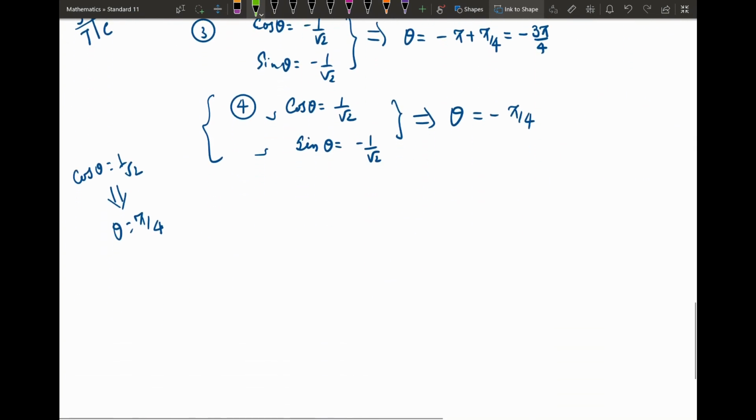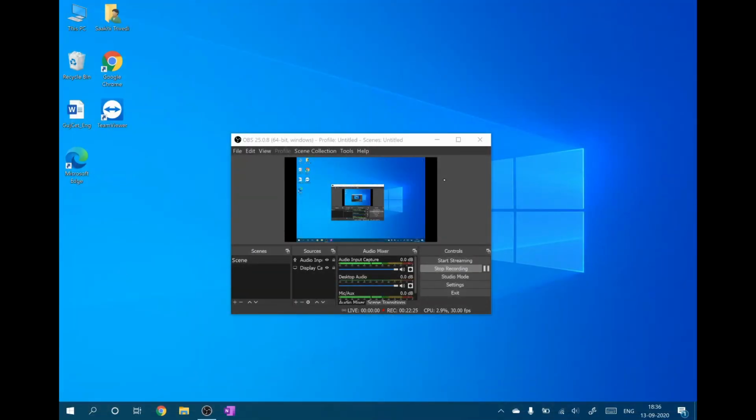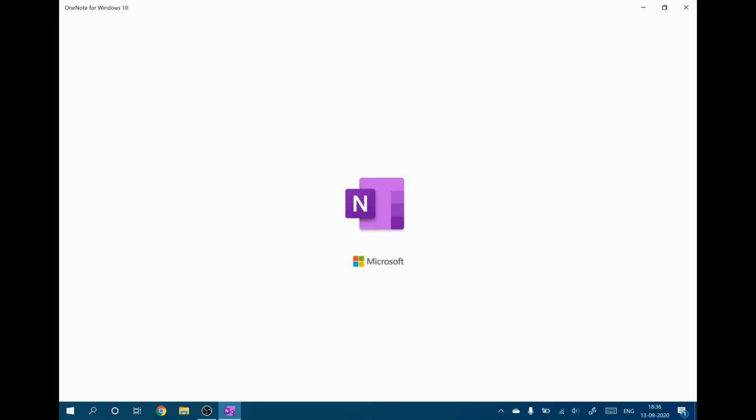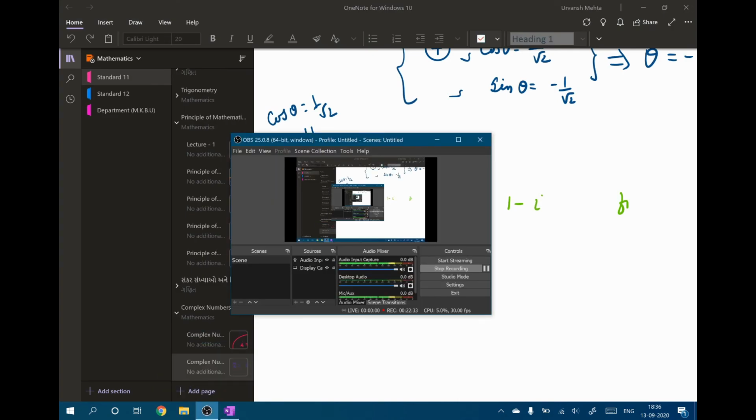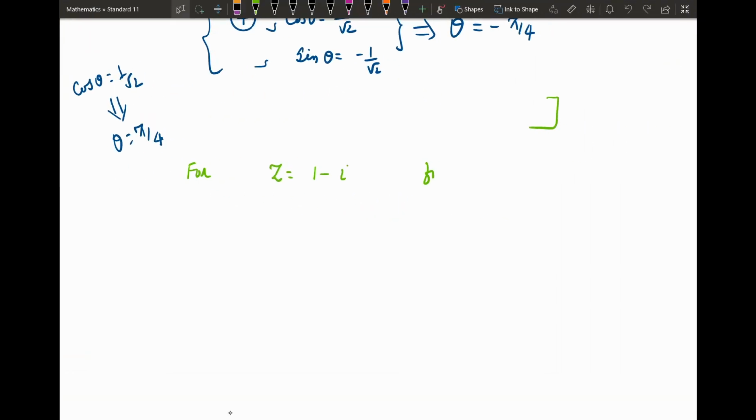So now we will take one simple example. For z equal to say 1 minus i, find out r and theta.